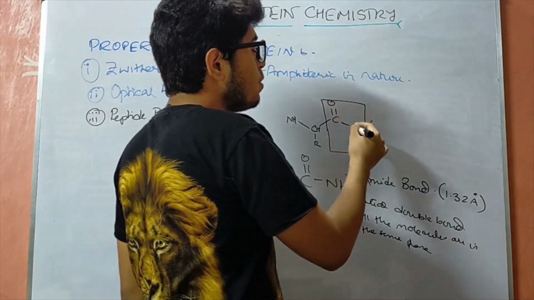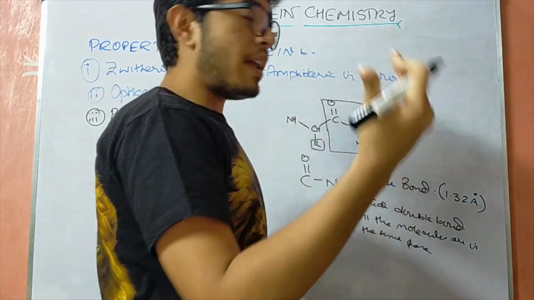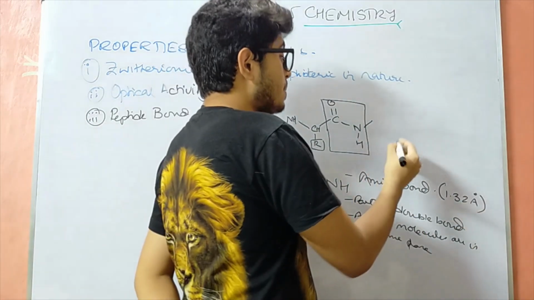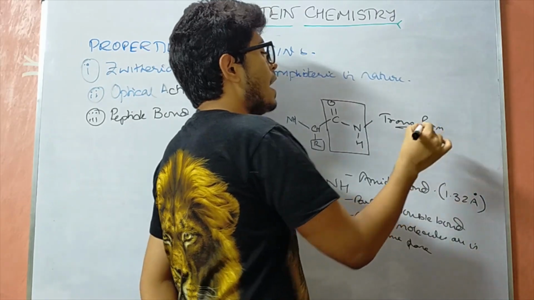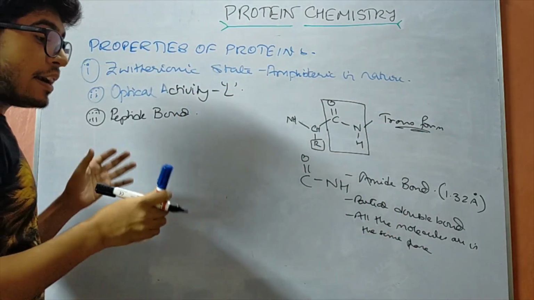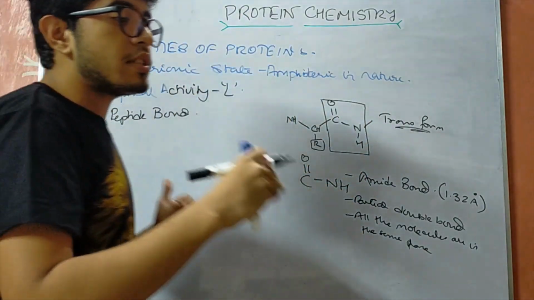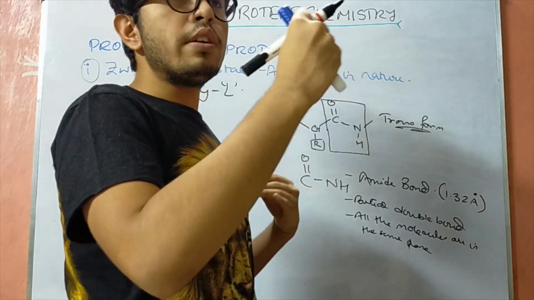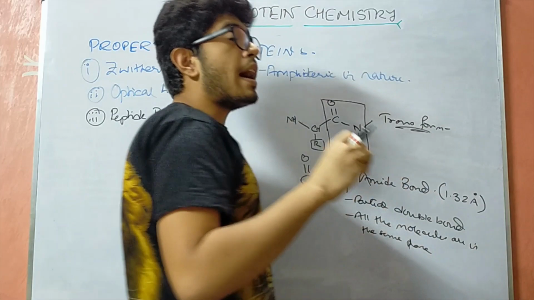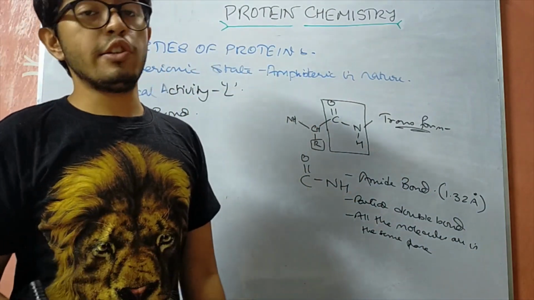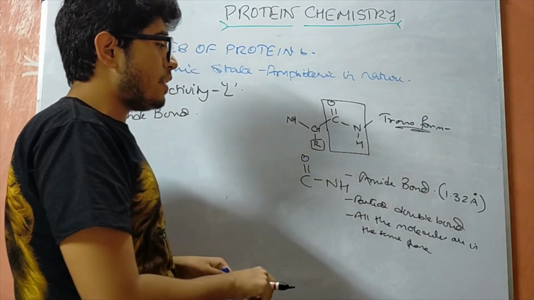Moreover, in this CONH bond, the R groups of the subsequent amino acids, when they are joined, will be in the trans form. So the amino acids are attached with their R groups in adjacent amino acids present on 2 different sides. They are present in the trans form so that there is a decreased amount of steric hindrance. Now coming to the next part, we have completed the peptide bond.